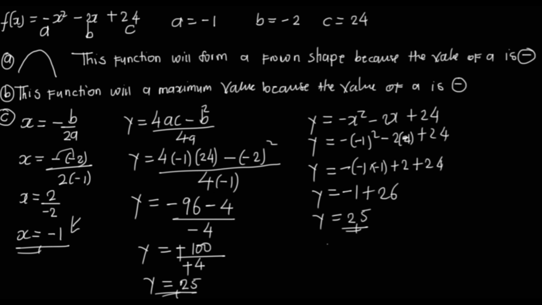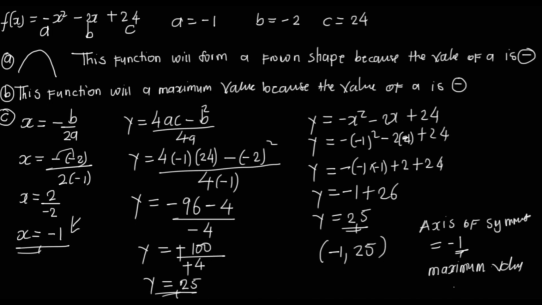Therefore, the pair of coordinates for the turning point is negative 1, 25. So here the axis of symmetry is negative 1, and the maximum value is 25.